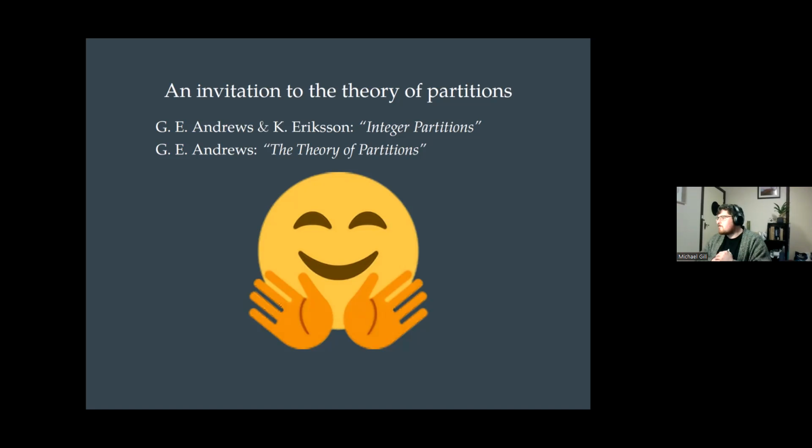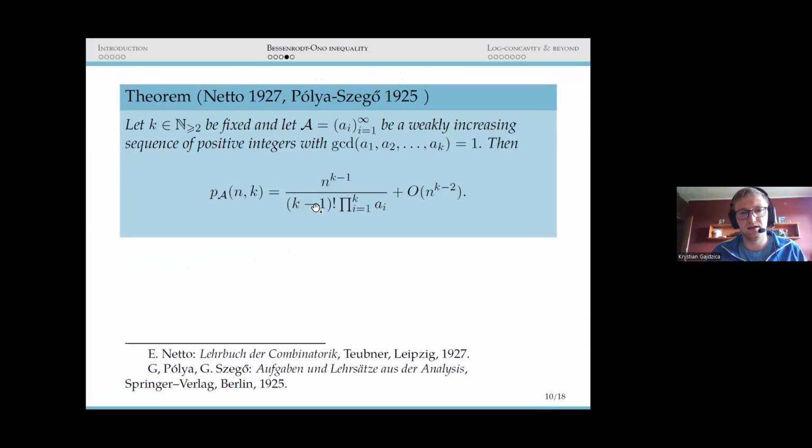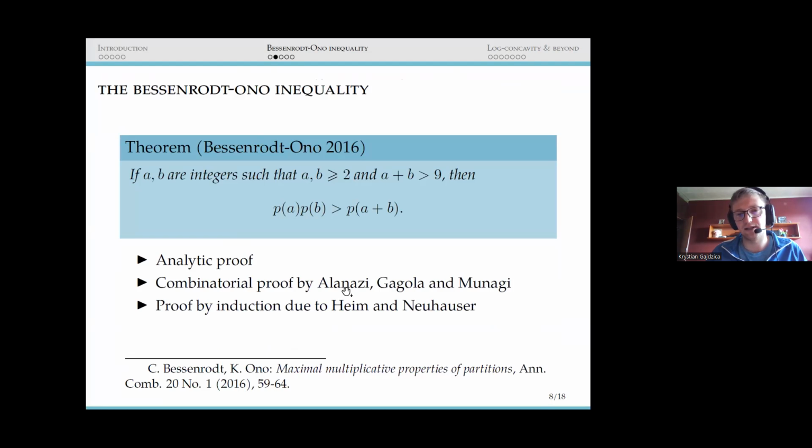Oh, as far as I know, we actually do not need a very new approach, because in the case of the classical partition function, the proof of the theorem, let me go back to the slide. Okay, so this is the combinatorial proof of Alanazzi, Gagol, and Monaggi. It is based on simply finding an appropriate injection from the set of partitions appearing on the left-hand side of this inequality to the set of partitions counted on the right-hand side, and this is actually the solution.